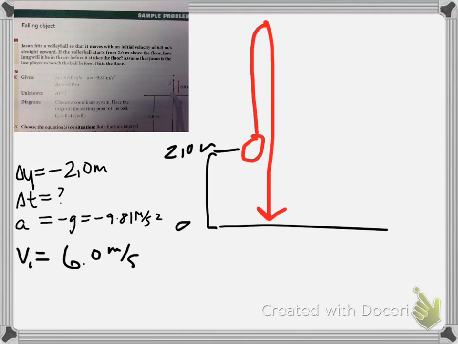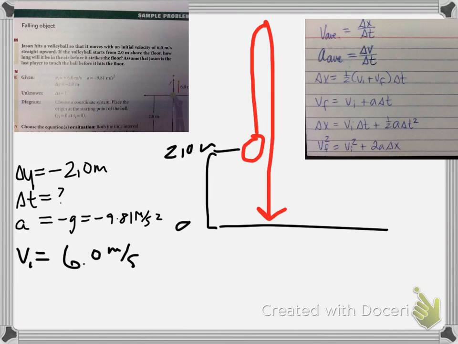Now, you got your handy-dandy note card ready, right? You have an equation that connects delta y or delta x displacement with time, acceleration, and velocity. You do! My favorite for no rational reason whatsoever. We also have our final velocity.